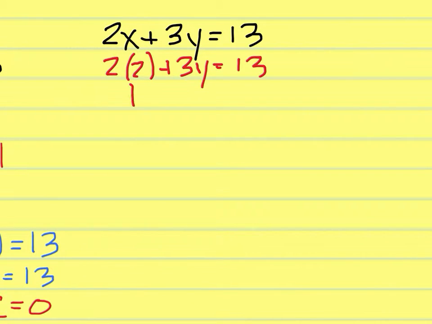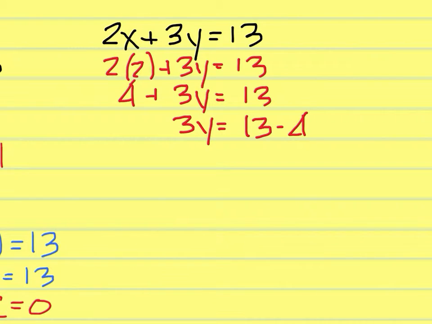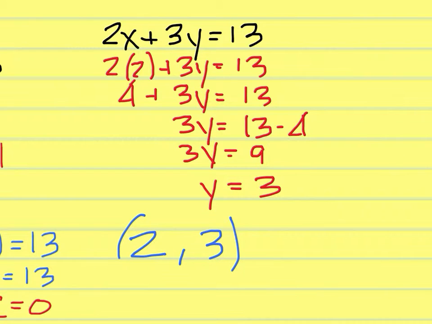Simplify to get 4 plus 3y equals 13, and move the 4 to the right. On the right side you'll get a 9. If you divide 9 by 3, you get a 3. So we inserted 2 and came back with a 3. There's one of our solutions.